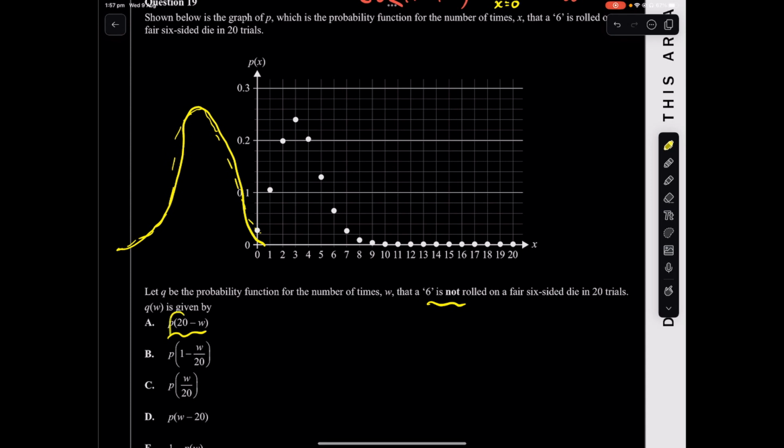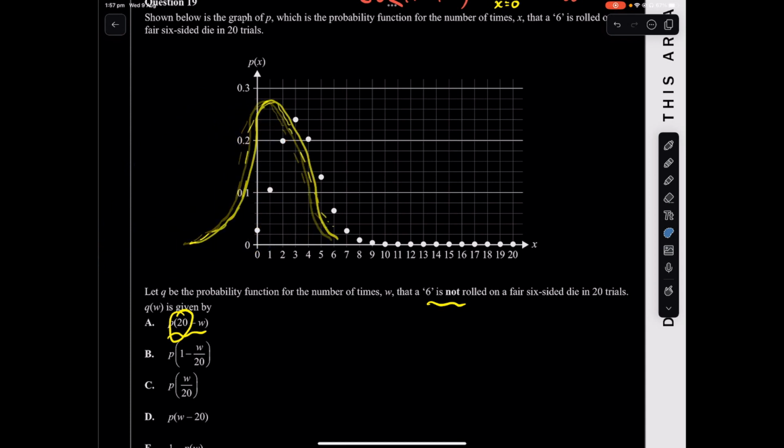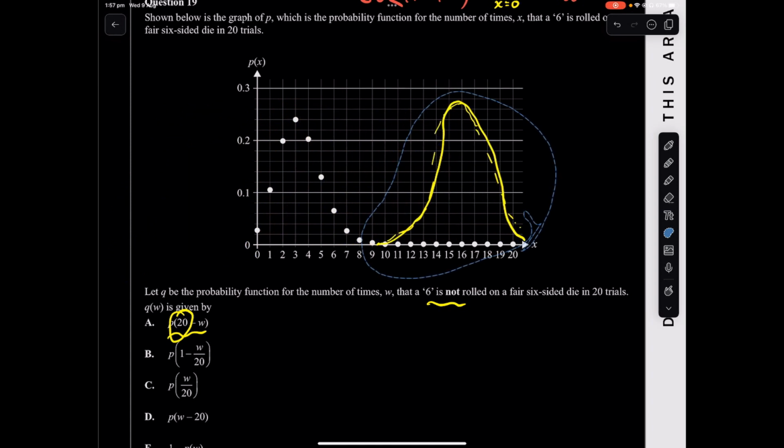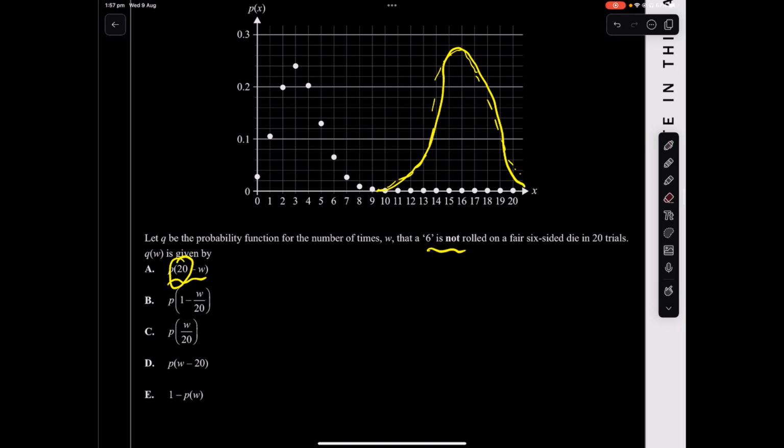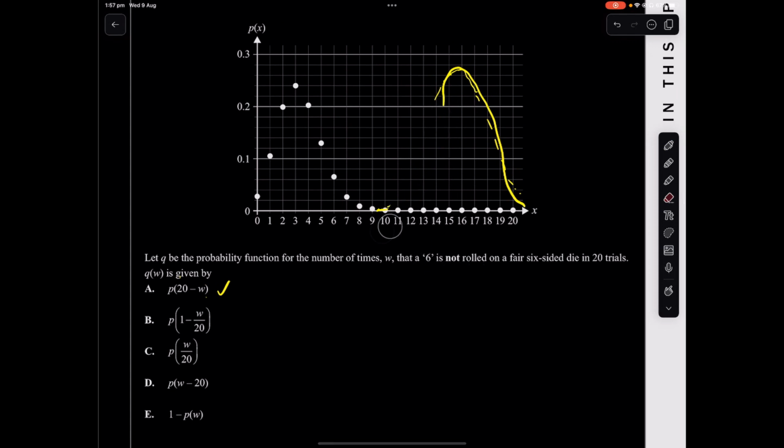And then they've translated it 20 units forward. So let's say it was here, it'll be 10, and over here. Okay, still looks the same, so that's good. It looks like the thing that we drew. That's all right, it could be that. Let's try the other ones.